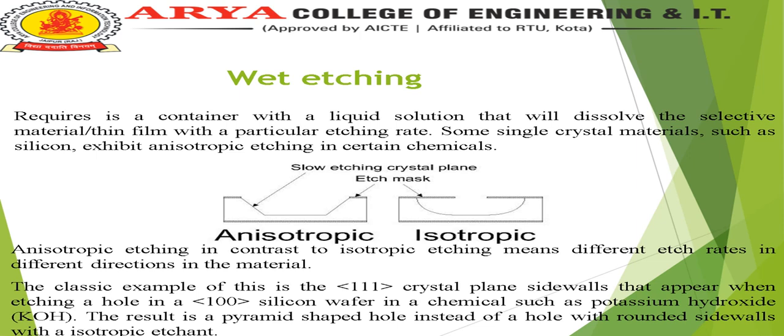In the figure we are showing the wet etching process. It further divides into anisotropic and isotropic. So what is the process? It requires a container with a liquid solution that will dissolve the selected thin film material at a particular etching rate. Some single crystal materials such as silicon exhibit anisotropic etching in certain chemicals. Anisotropic etching, in contrast to isotropic etching, means different etch rates in different directions in the material.